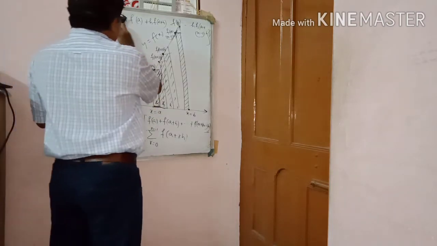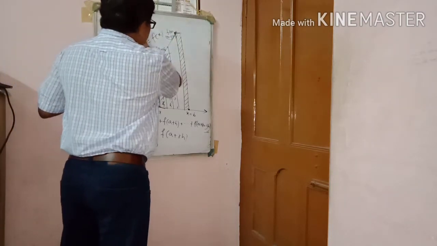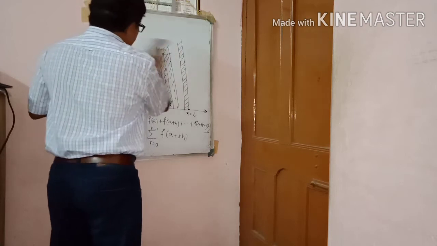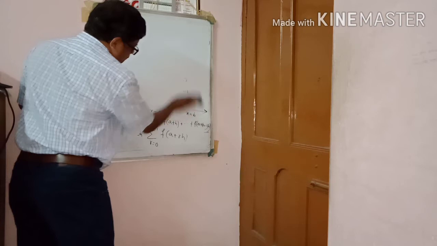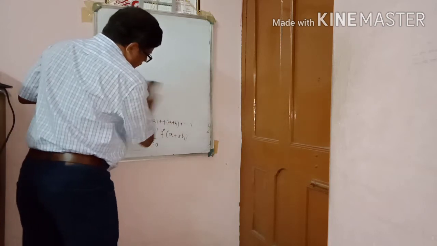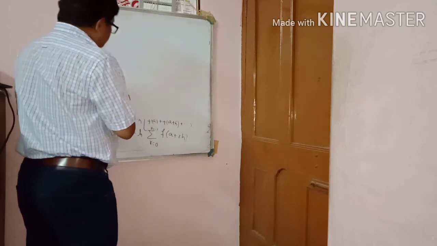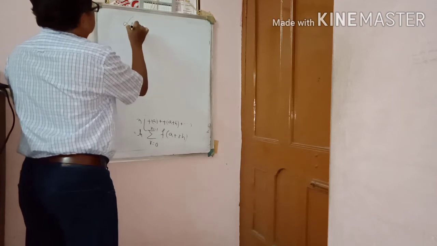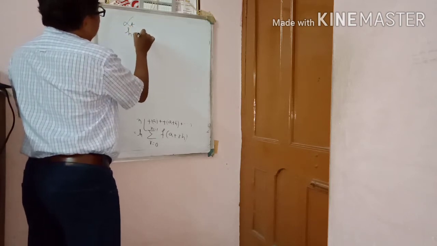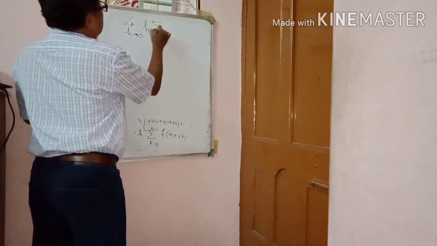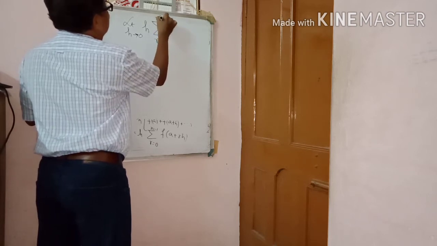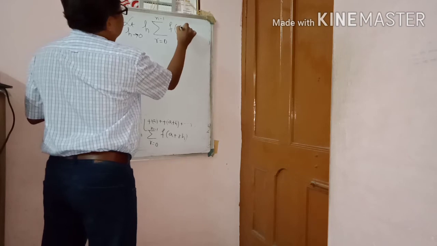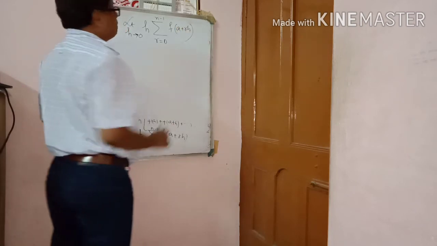I am writing here: you put a limit, h is very small, h tends to 0, of h summation r equal to 0 to n minus 1 f of a plus r h.